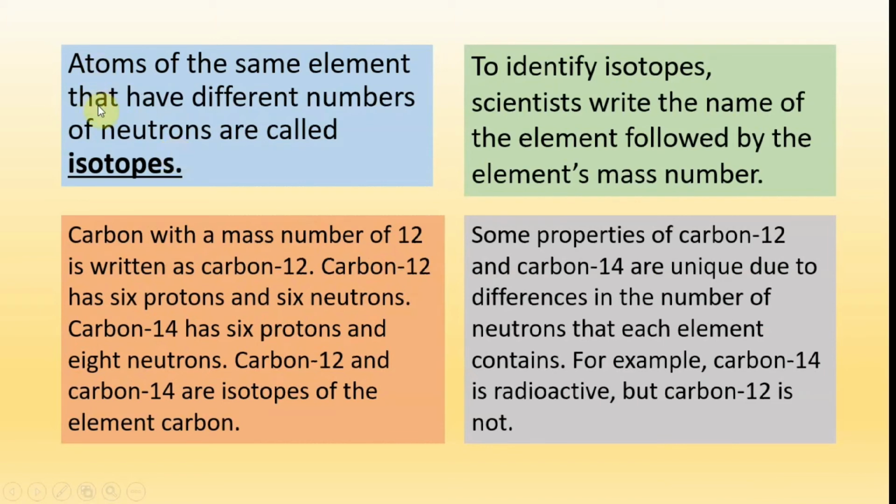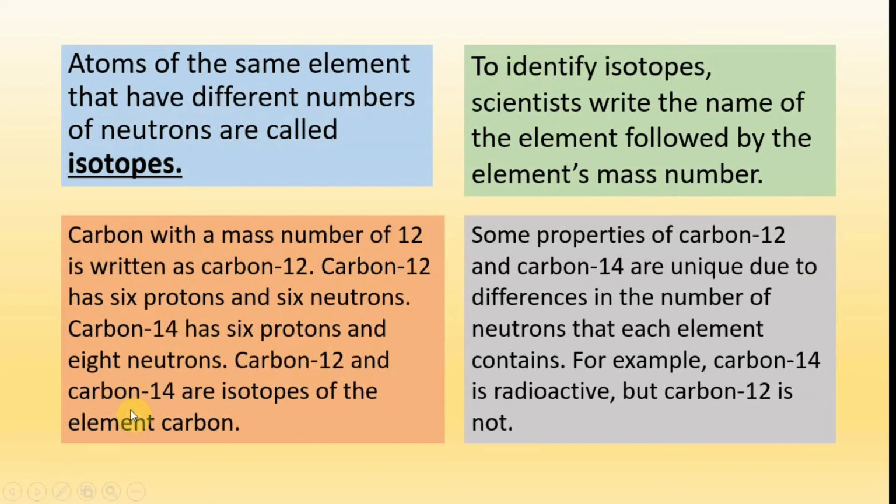Atoms of the same elements that have different numbers of neutrons are called isotopes. To identify isotopes, scientists write the name of the element followed by the element's mass number. Carbon with a mass number of 12 is written as carbon 12. Carbon 12 has 6 protons and 6 neutrons. Carbon 14 has 6 protons and 8 neutrons.